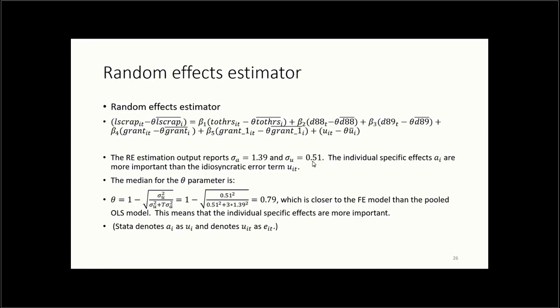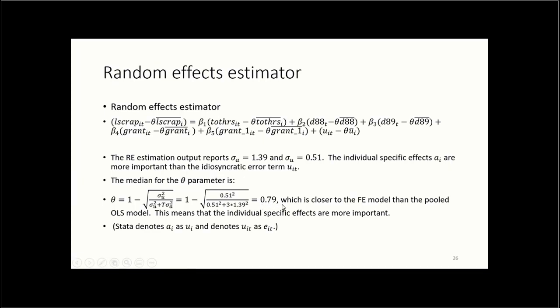Let's calculate the median for this theta parameter, the random effects parameter. So I will use the formula from the previous slide here and just substitute these numbers here for the sigma. I would square them, and T is equal to 3 because we have 3 years of data, and we would calculate 0.79.